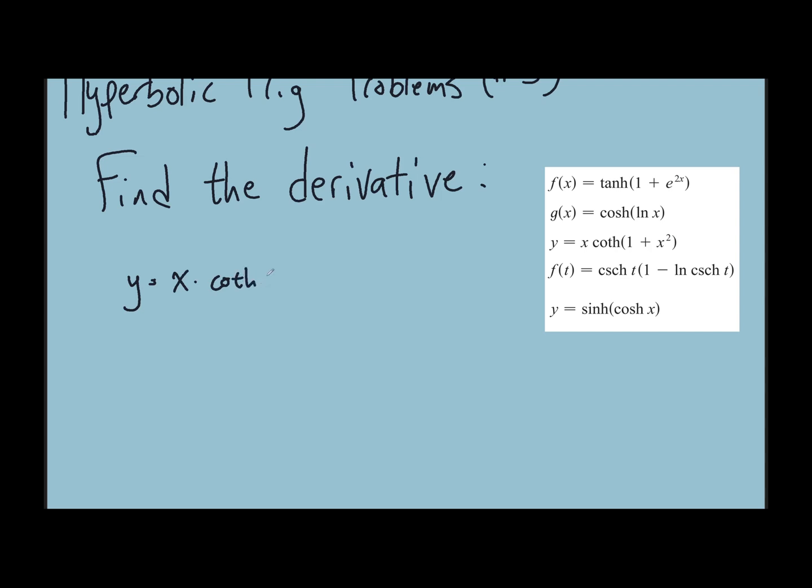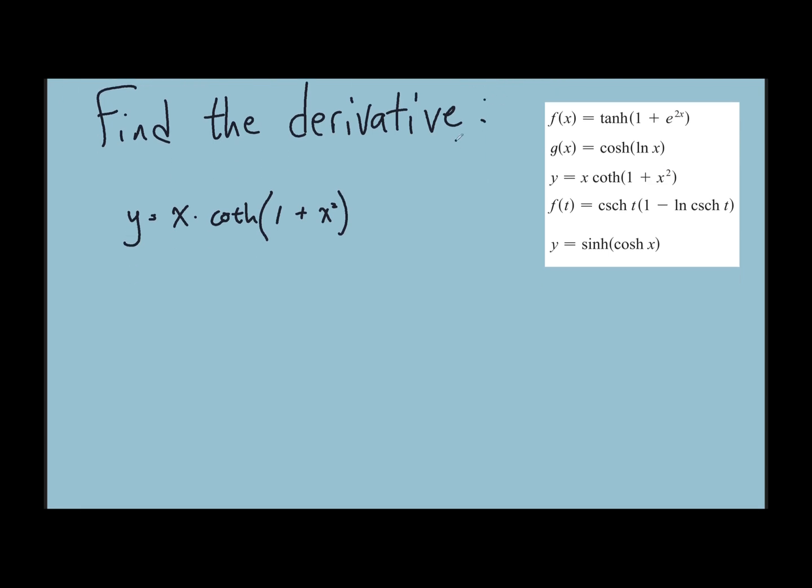Hyperbolic cotangent. I can understand why you would need to express that, because there's no real easier way to say cosine over sine. But do we know the derivative of cotangent hyperbolic? I do not off the top of my head, so I'm going to find that real fast. And I think the way to do it is to break it into cosine hyperbolic over sine hyperbolic.